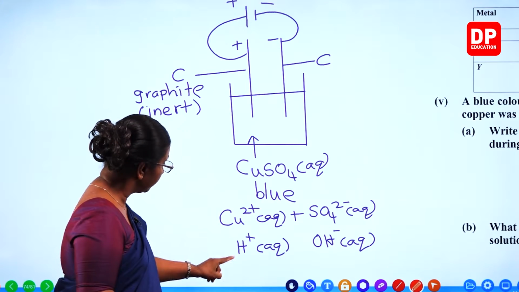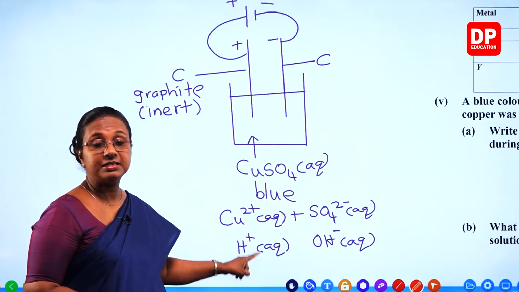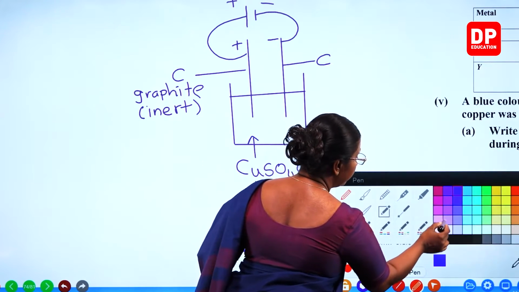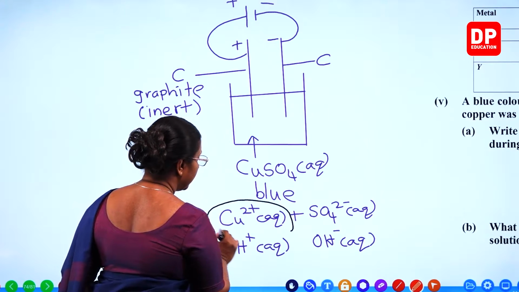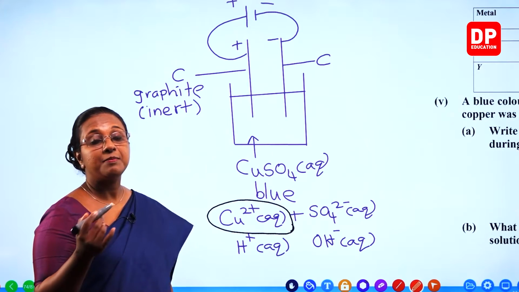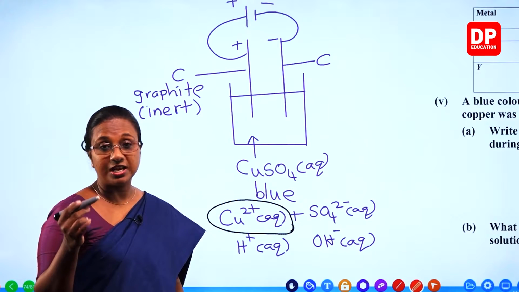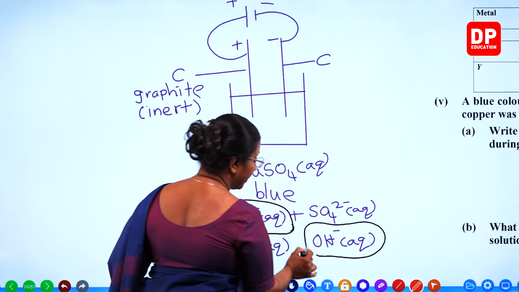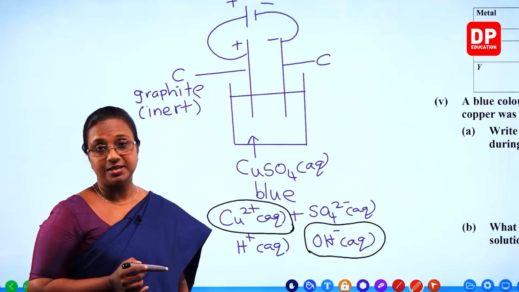Then out of the two cations, copper and hydrogen, copper has the tendency to get reduced. So, copper will get reduced. At the same time, if you consider the negative ions, there are many factors that determine which gets oxidized, but here you can remember OH minus ion gets oxidized.